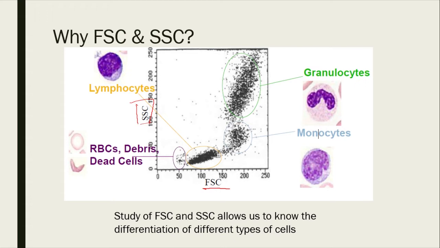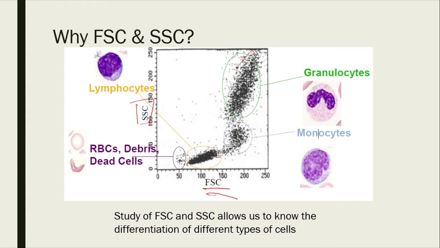You can tell the granulocytes here scatter a lot on the forward scatter as well as the side scatter because they are big, blocking a lot of the forward scattering, and they also have a lot of granules inside, which generate more signals. And then corresponding to lymphocytes and monocytes.